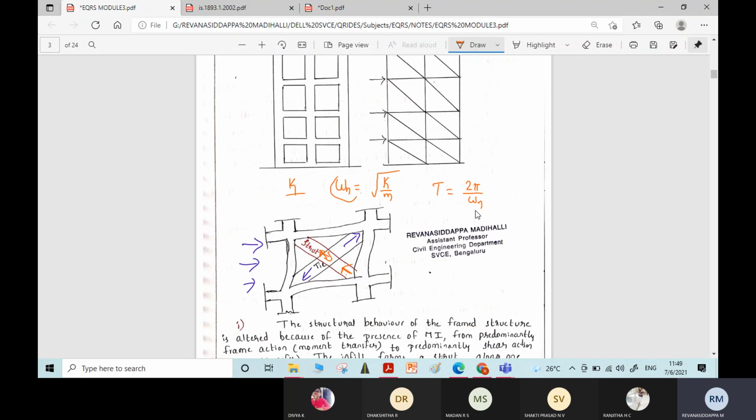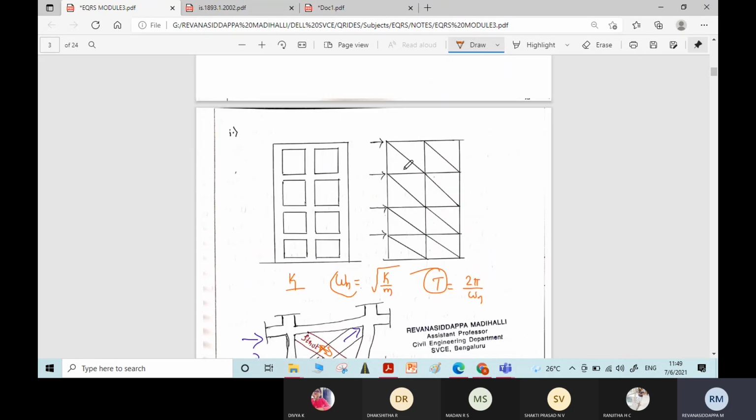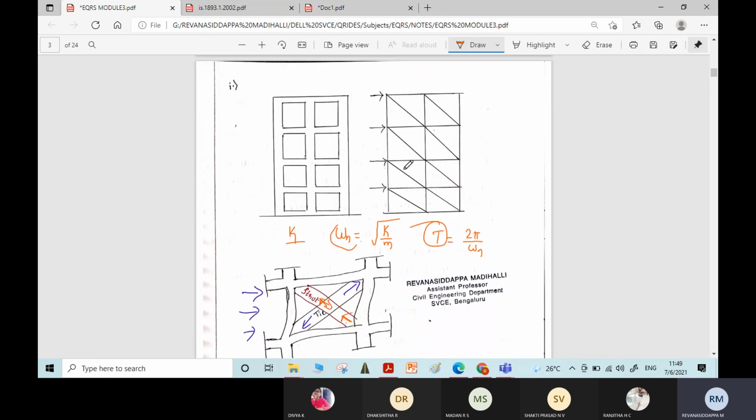Therefore, when the stiffness increases, natural frequency increases, and it will in turn reduce the time period of the building. When time period decreases, it will lead to more acceleration, which will in turn cause higher seismic forces in the building.